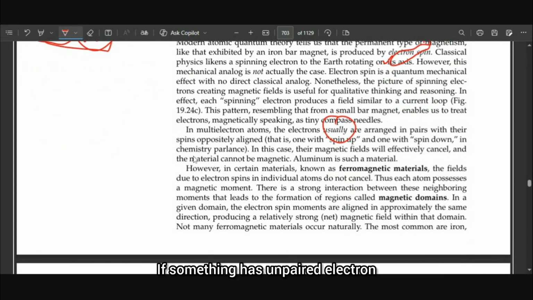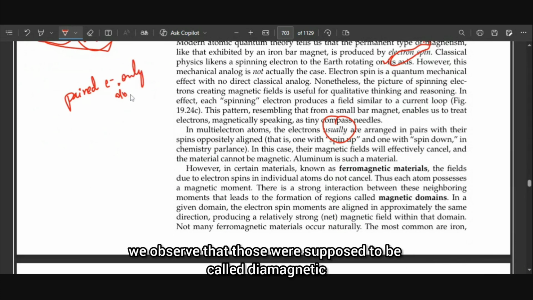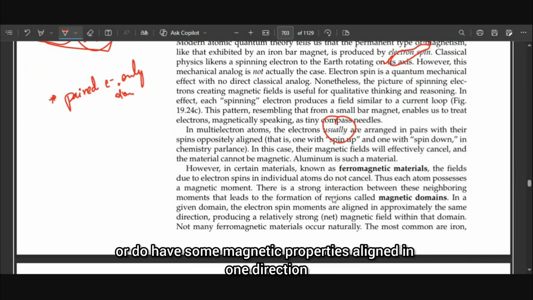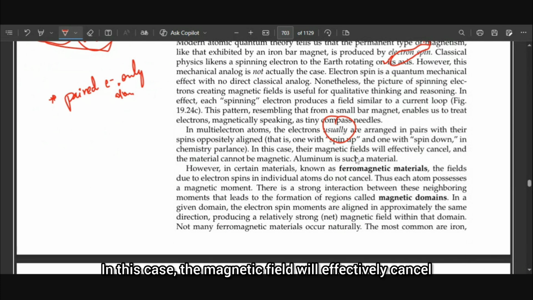If something has unpaired electrons, it will be considered paramagnetic, and a compound which is fully filled, with paired electrons only, is called diamagnetic. In this case, the magnetic field will effectively cancel and the material cannot be magnetic.